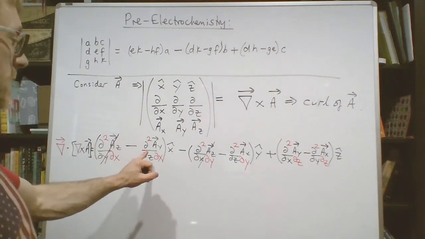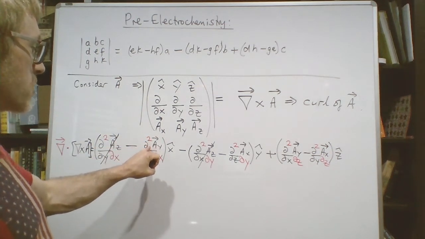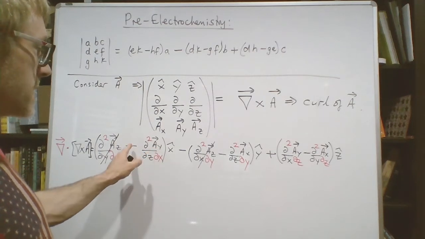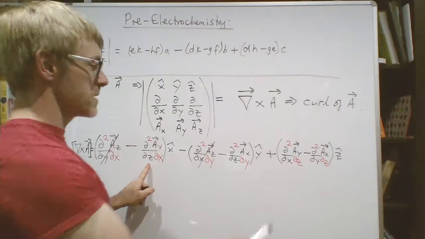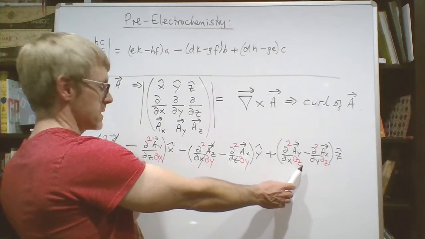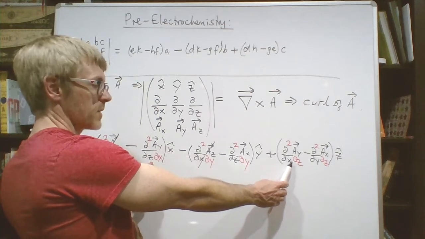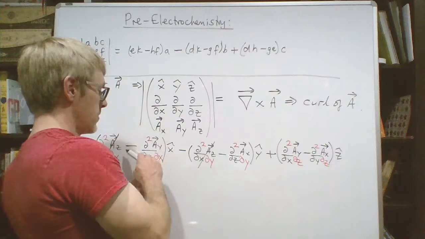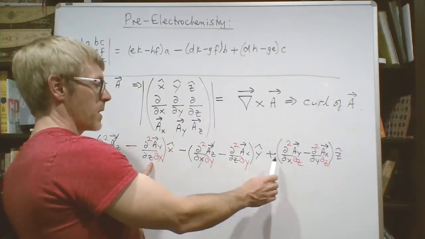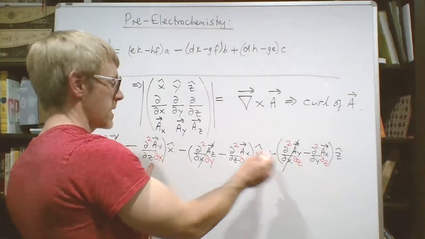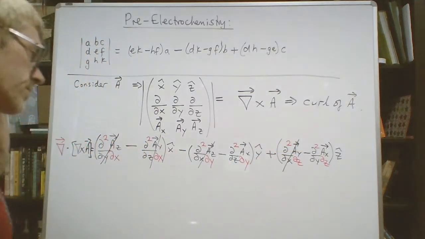Let's move on to the next term. I've got d squared ay with a z and an x downstairs, and it's negative. So compare this term with this term. I've got d squared ay and an x and a z in the denominator. Again, the order doesn't matter because they're partial derivatives. This whole term is negative, but I add an identical term, so it sums to 0. So that cancels with this.